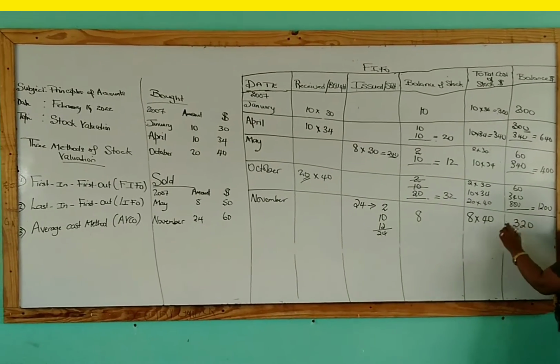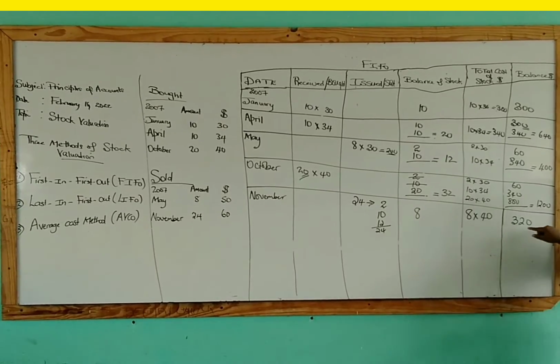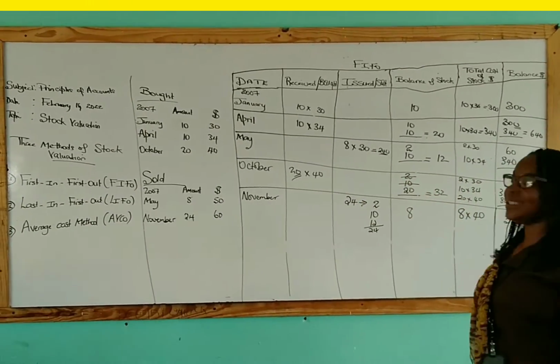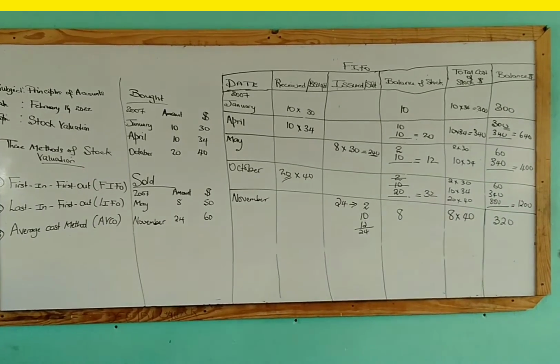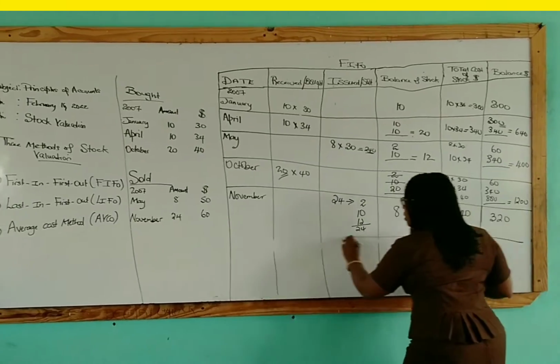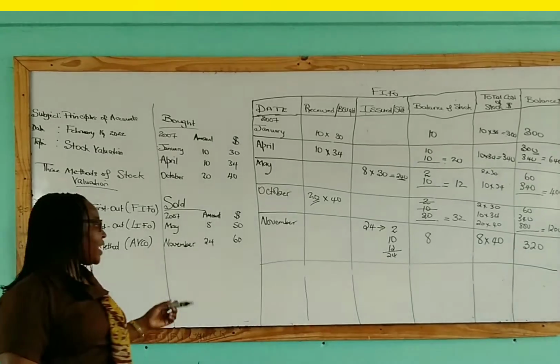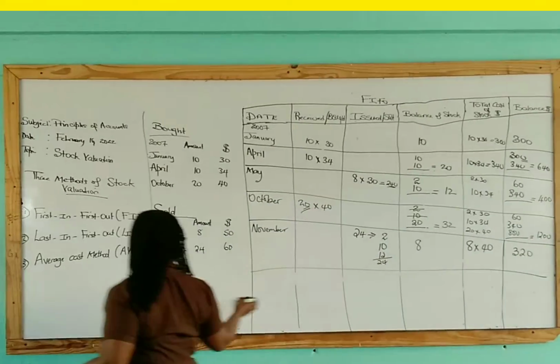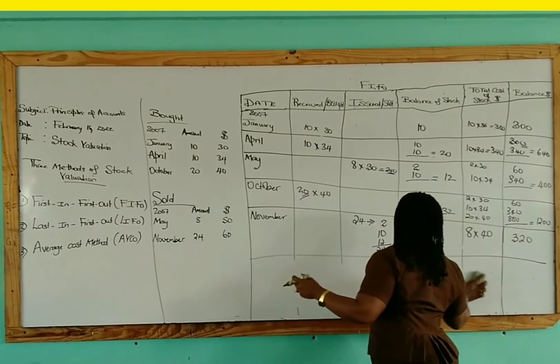So this is the value of our stock at the end of 2007, because nothing else happened in December. So this brings us to the close. You say right here, you just say the value of the stock.